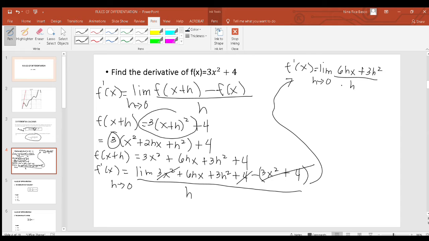So, hindi pa dito na aalis yung denominator. So, we have to factor h to these two terms. Factor natin yung h. Magiging h, quantity of 6x plus 3h over h.